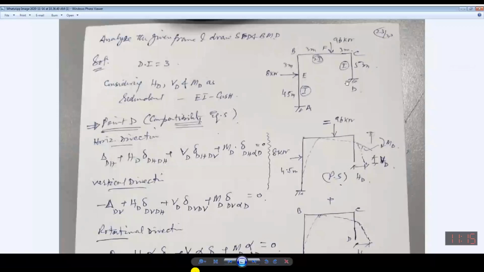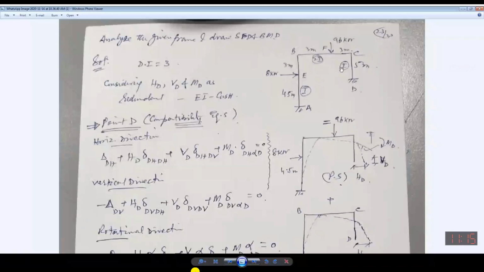Similarly, moment, so angular rotation, deformation will be required. So considering HD, VD, and MD as redundant, EI has been considered to be constant. It means if it is I, it is 2I, it is I, it will be 1, it will be 2, and it will be 1. Are you getting it?